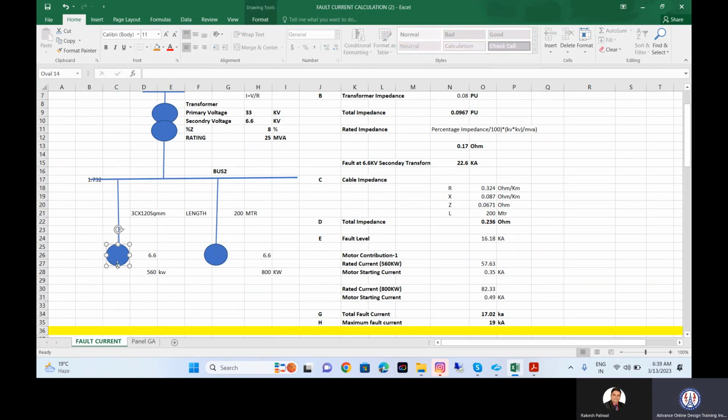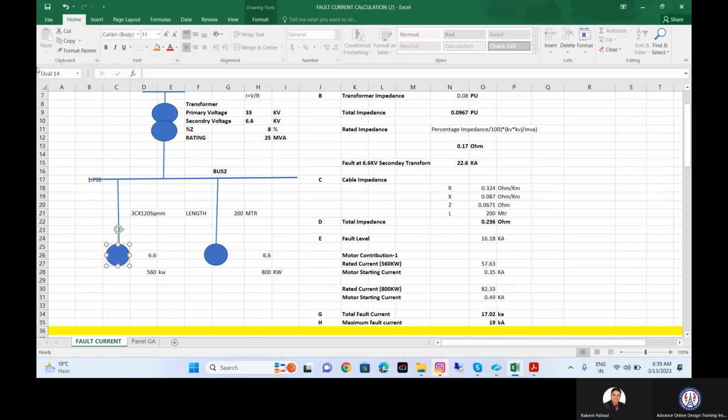So at that point, it will work as a source of energy, and it will basically backfeed the current from its voltage. So it is a source of energy when there is a fault. Remember, all the equipment which are rotating in nature are sources of energy, like a motor or generator. So these are sources of energy.